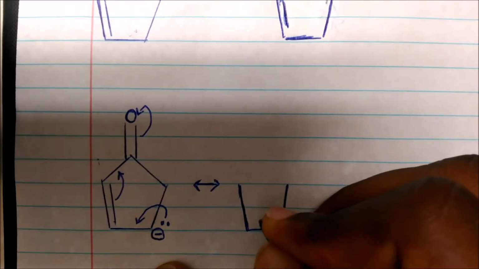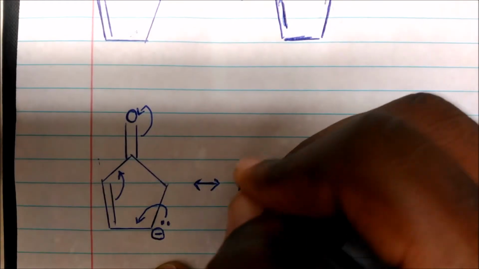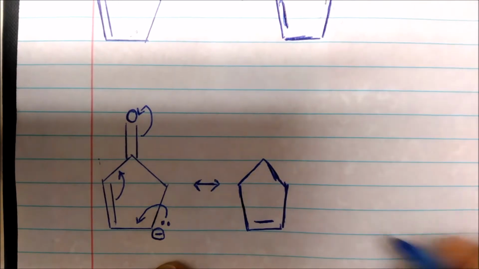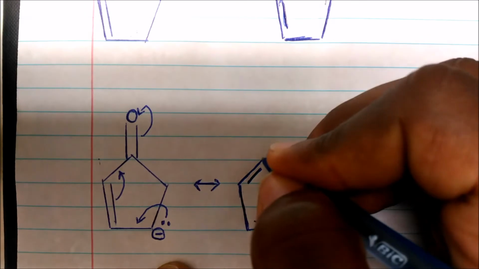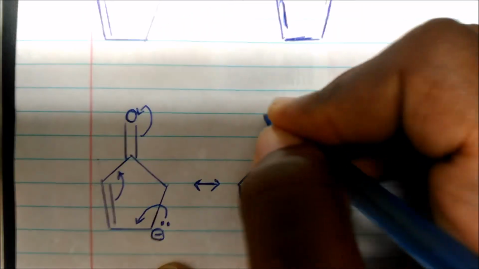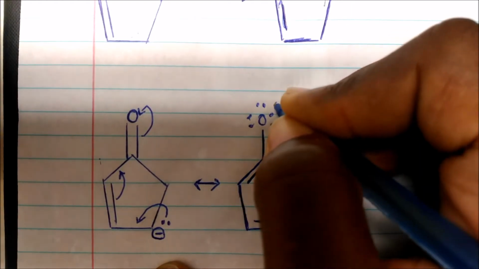So now I have a double bond here. Sorry for my horrible drawing. I have a double bond here, I have a double bond here as the arrow pointed to, and I just flip this bond here to a lone pair. So that will give the oxygen a minus charge.